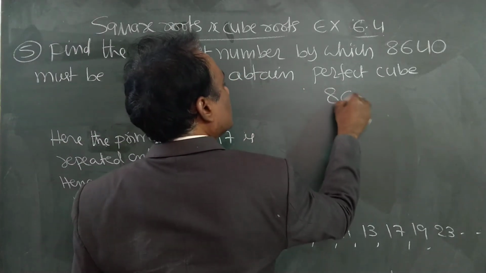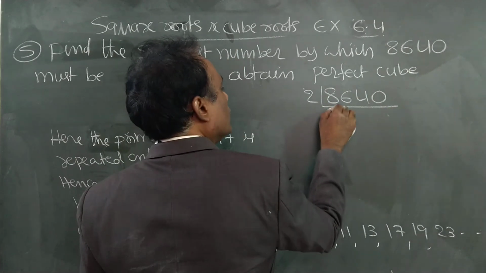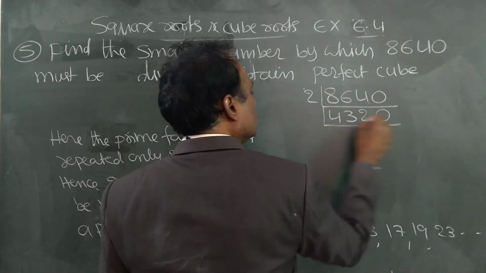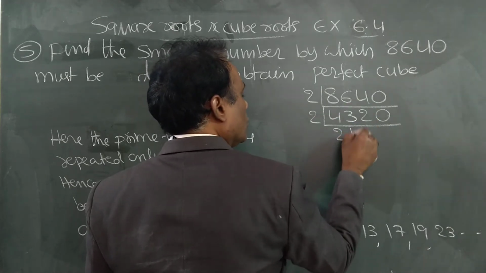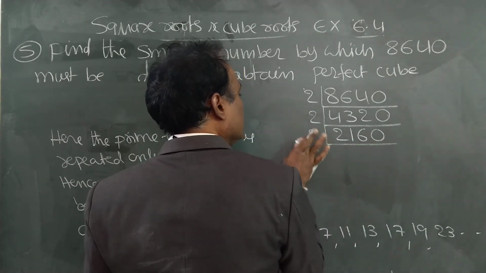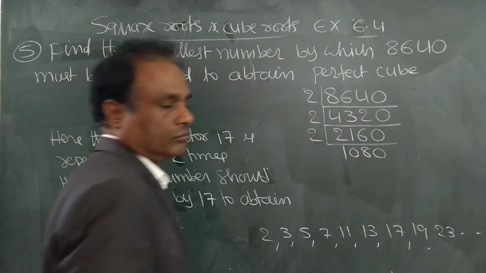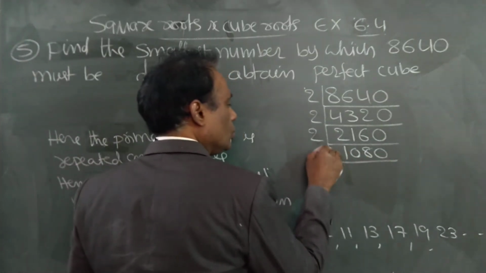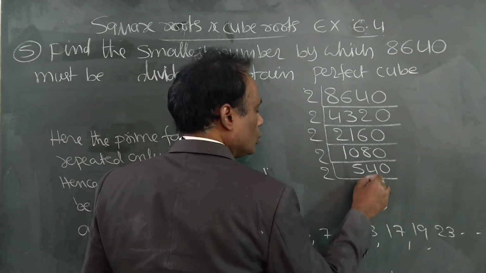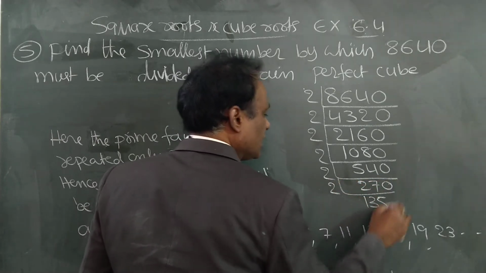8640. Last number 0 means divisible by 2. 2 4s are 8, 2 3s are 6, 2 2s are 4, 0. 2 2s are 4, 2 1s are 2, 2 6s are 12, 0. Again with 2, again with 2, again with 2. 135.